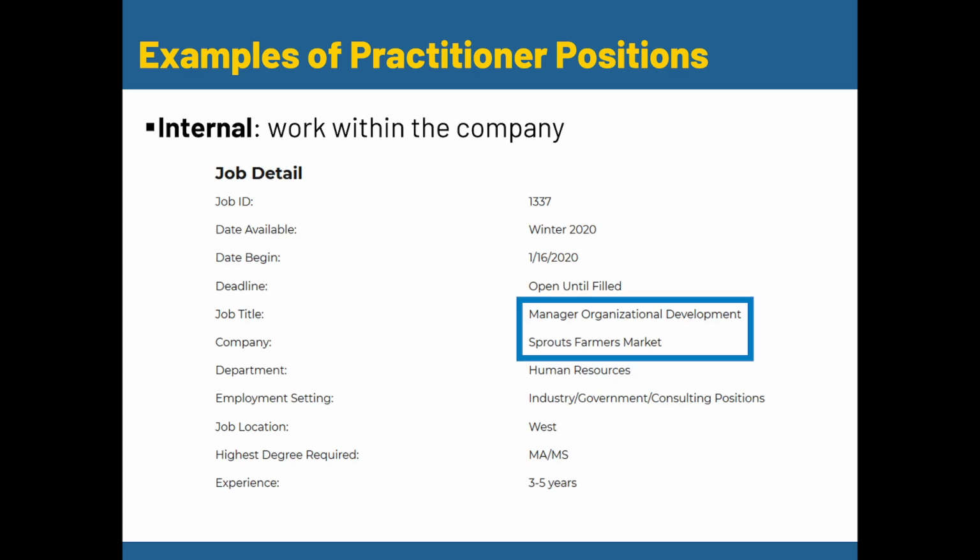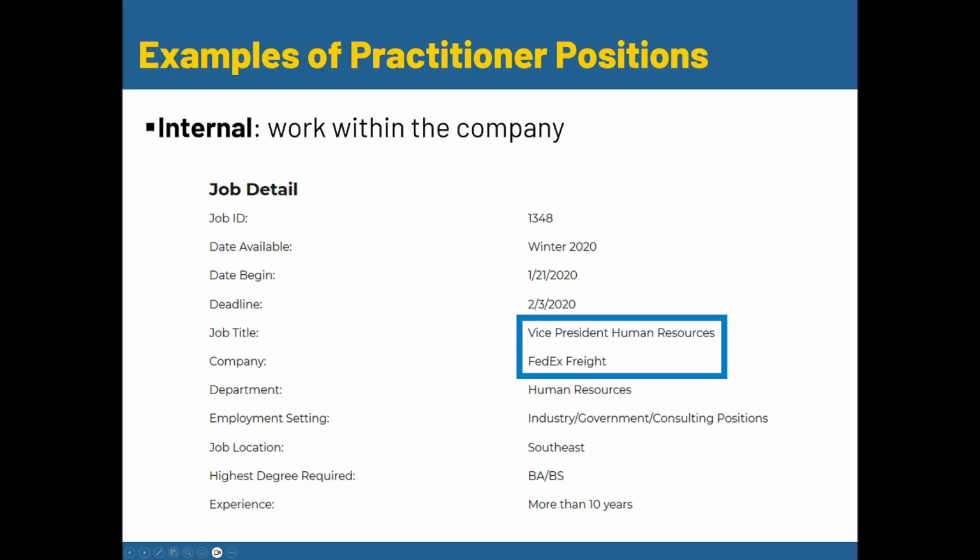So some examples I pulled from the past. I don't think there's any Sprouts in Alaska. Sprouts is a chain of grocery stores. Sprouts Farmers Markets, they call them. And so this title here, Manager of Organizational Development, that's one example of an internal applied practitioner IO psychology type of job.